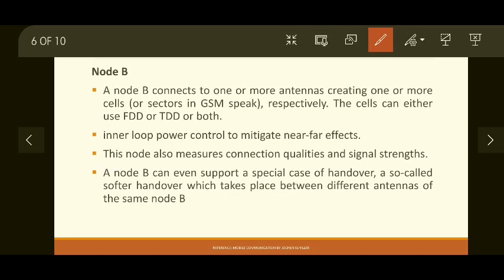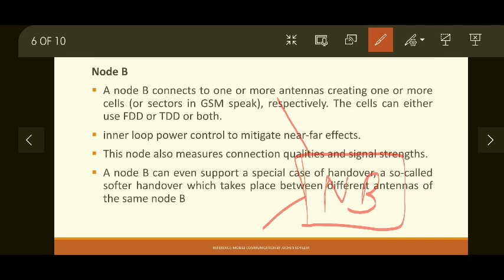Soft handover means that before leaving the previous connection, you acquire the new connection. So make before break, which takes place between different users or, in the case of softer handover, different antennas of the same node B. Node B can support multiple antennas.